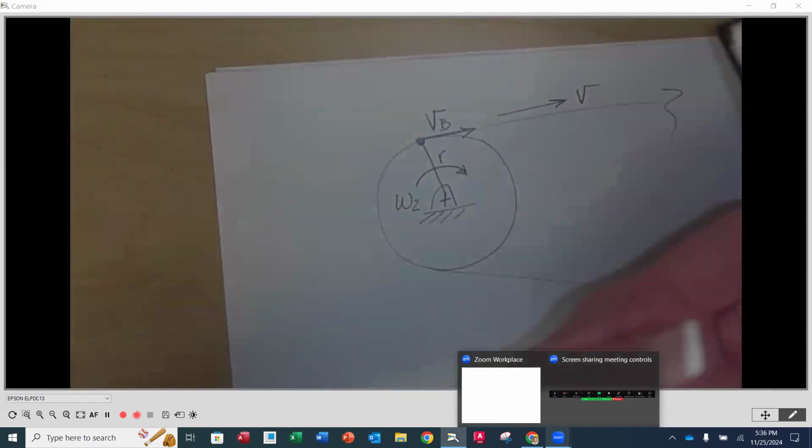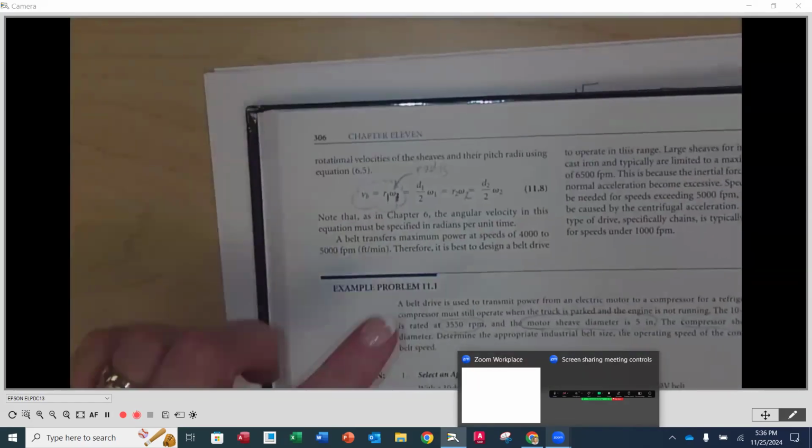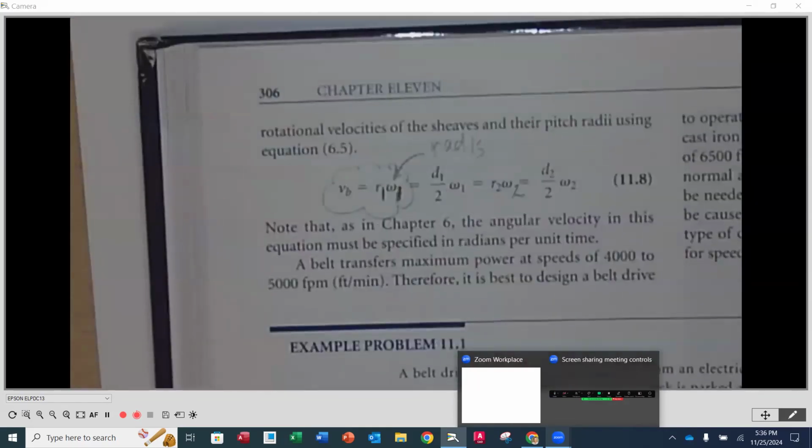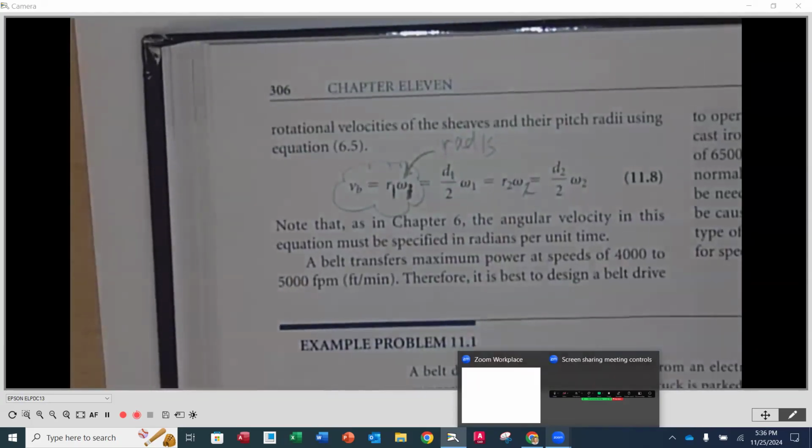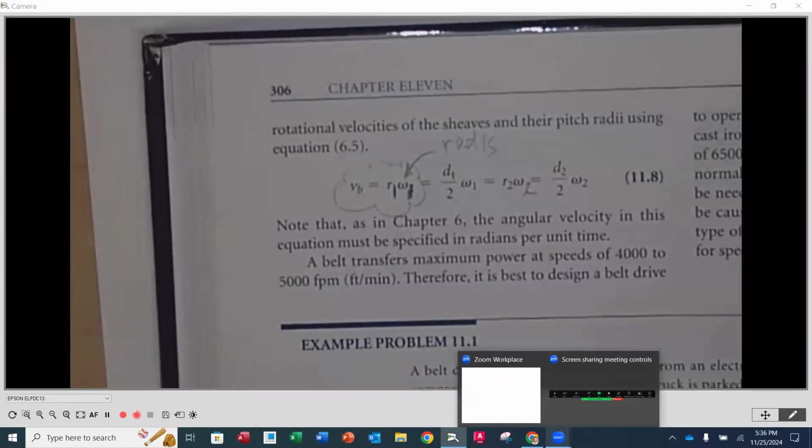Now, if we look here, the same equation that we've been using applies. We're going to take the radius of the sheave, which is going to be R1, multiplied by the angular velocity of that same sheave, so we have W1.